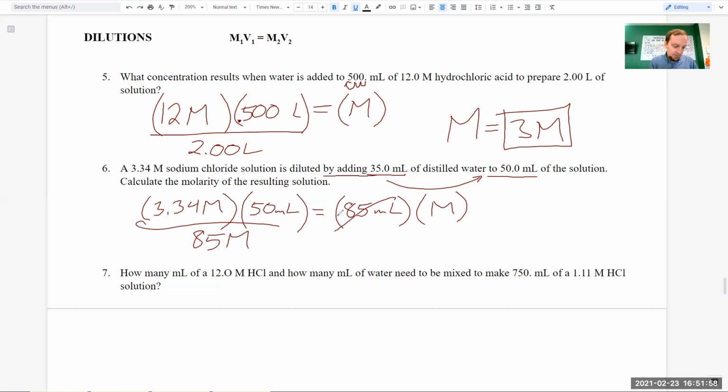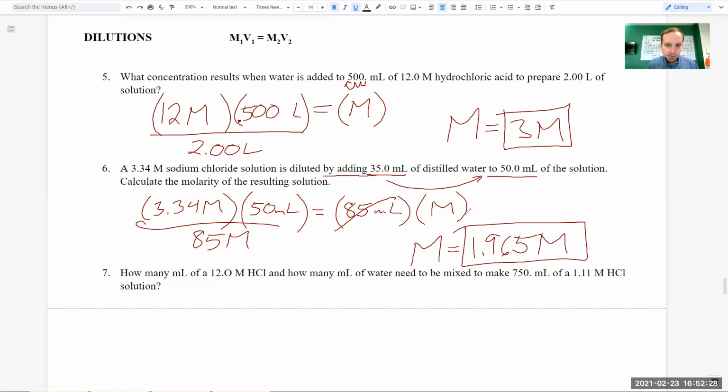So we have 3.34 times 50 divided by 85, and my final molarity comes out to be 1.965 molar. Number 6 is not very difficult, other than they make the volumes look a little bit tricky. They say we're going to add this much to this. Well, the 50 is the original, and what you added is what you have to literally add.